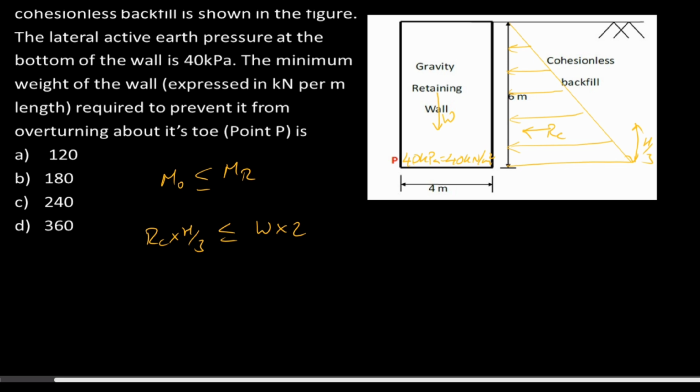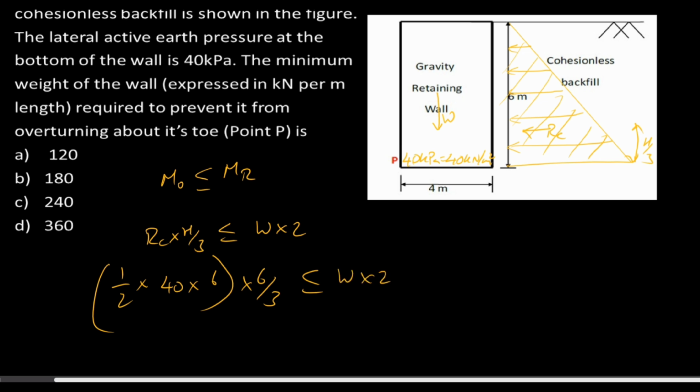So we can calculate the value of RC, the area of this portion, which is nothing but half into base into height. They have given the lateral active earth pressure at the bottom of the wall. It is 40 into H by 3, which is 6 by 3. Sorry, half into base into height, right? Into 6 into H by 3, which is 6 by 3, which is lesser than or equal to W into 2.